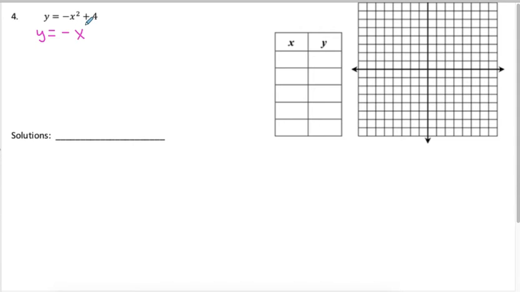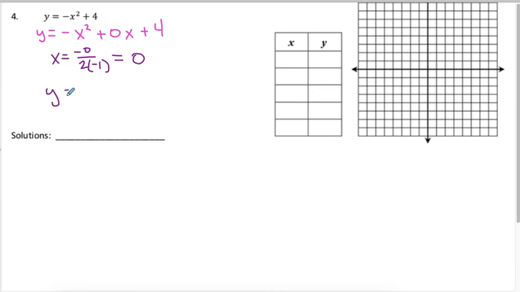values. I have the negative x squared, but I'm going to go ahead and put plus 0 x's because there's not that b term there, plus 4. All right, so then when I'm solving, I'm going to say x equals opposite of b over 2a. Okay, anything 0 divided by anything is going to give us 0 here.